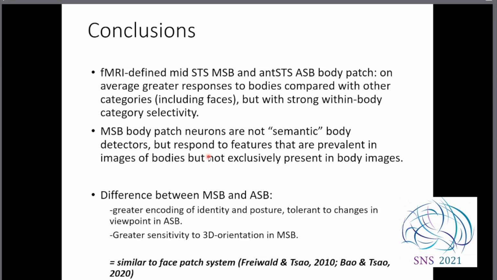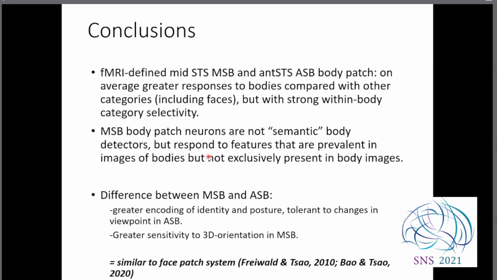very similar to what was shown by Winrich Freiwald and Doris Tsao in the face patch system. Also, when you go from the posterior face patches to the anterior face patches, you see an increase in the tolerance to differences in face viewpoint, and you also have better decoding of face identity, more anterior than posterior, irrespective of the viewpoint.